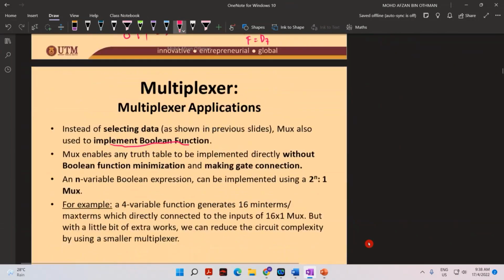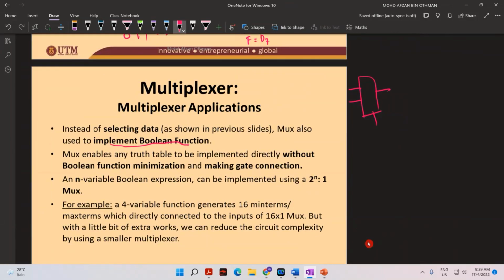Okay, so mux enable any truth table to be implemented directly without Boolean function minimization and making gate connection. Okay, since the multiplexer doesn't have gates, kita hanya pakai dia punya block diagram, so no need to draw the gate connection. Okay, just use dia punya sambungan ni, and then we do the wiring accordingly untuk Boolean expression kita nak.